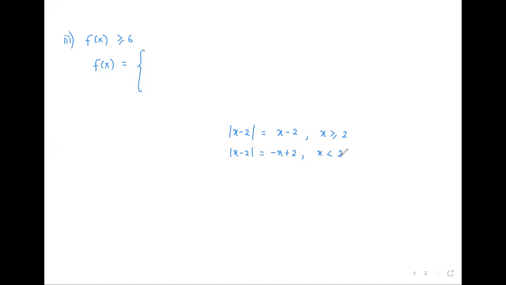So when you find a table that has negative 1 over 3, that has 2, and it's saying this is the piece for x greater or equal to 2, and you're having this function, how do you define it? You define it as x minus 2 because x is greater or equal to 2 in this interval. When you find x is less than 2, you define it as negative x plus 2.